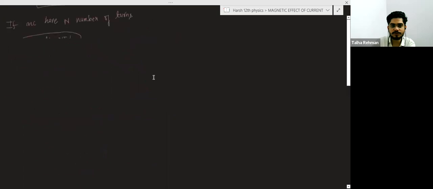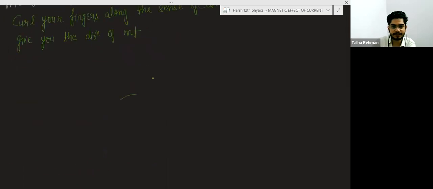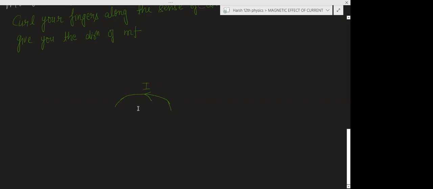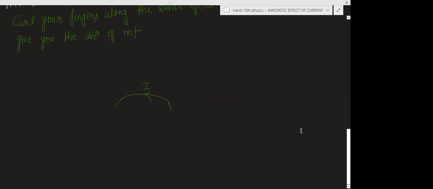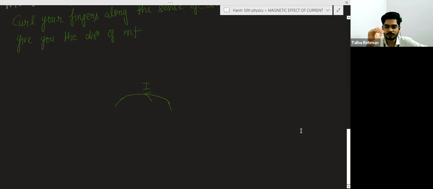Suppose this is the circular arc, and in this circular arc the direction of the current is like this. Can you tell me the direction of the magnetic field? Just curl your finger along the sense of current and see where your thumb is pointing.